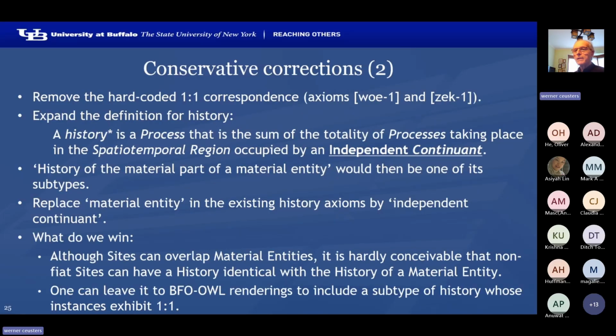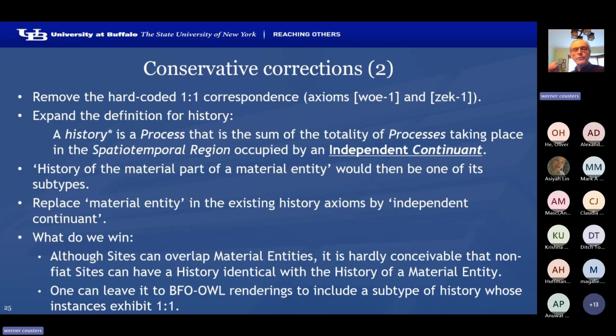And what do we win? First, although sites can overlap material entities, it is hardly conceivable that non-filled sites can have a history identical with the history of a material entity. It would actually mean that the site and the material entity that completely fills the site start to exist at exactly the same time. Then during the entire time of the existence of one, the other exists, and the material entity still completely fills that site, and then both go out of existence at exactly the same time.